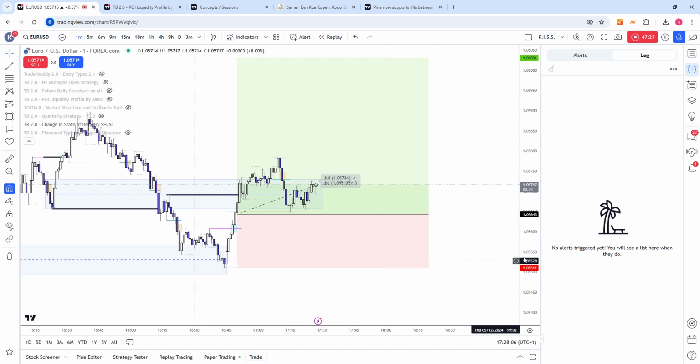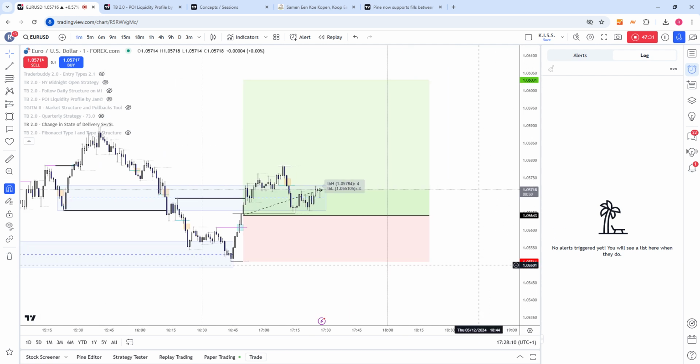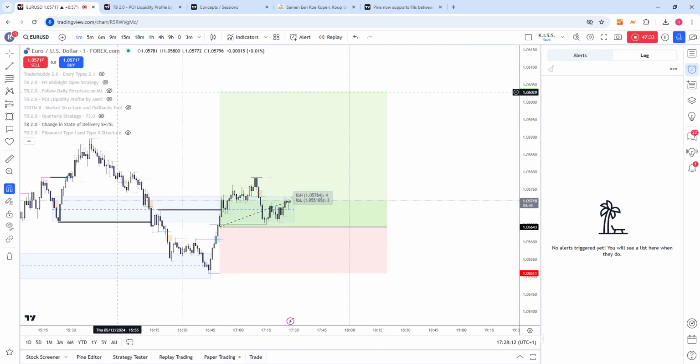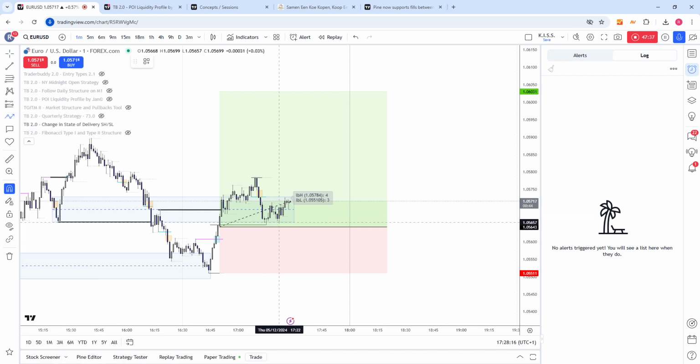So it is to expect that we get higher prices. But if we get higher prices immediately, like we do this and this and this and now break, and here's our sell setup, or we do this and then go higher.